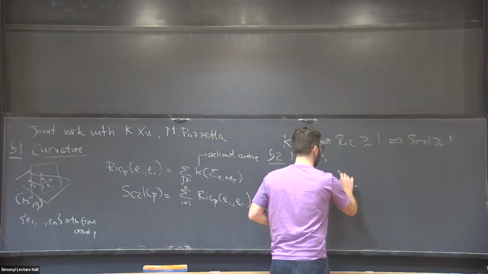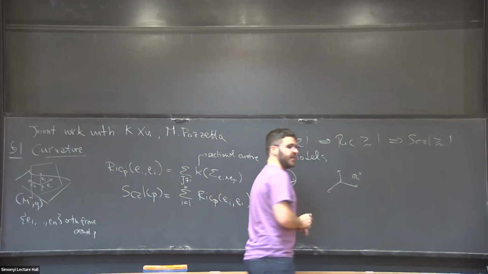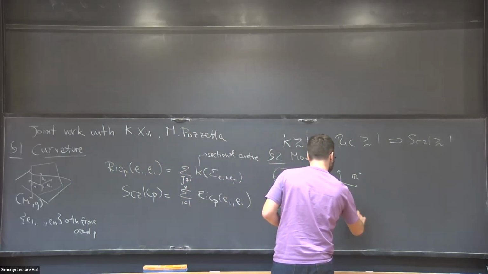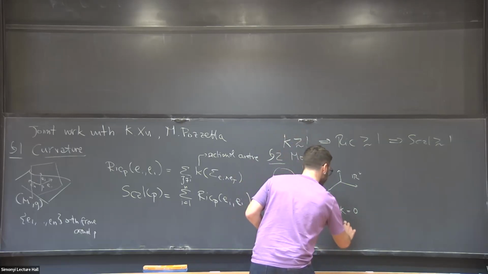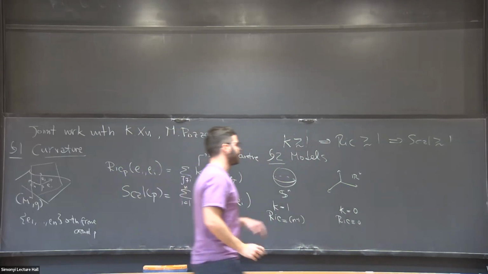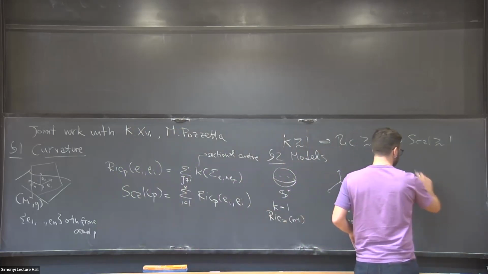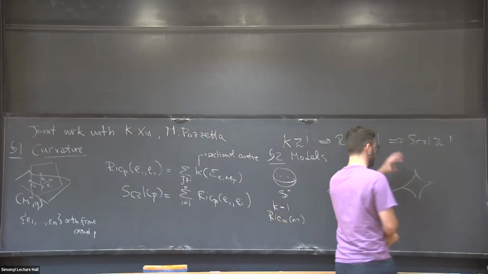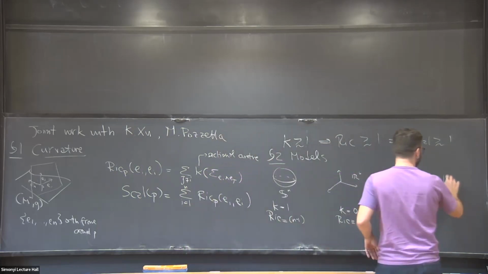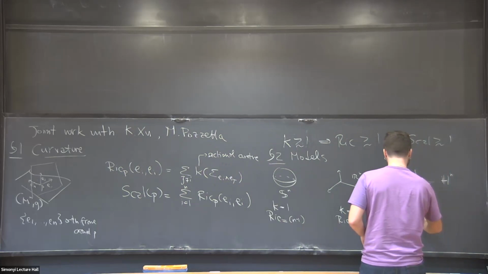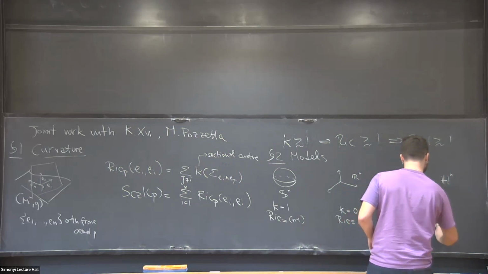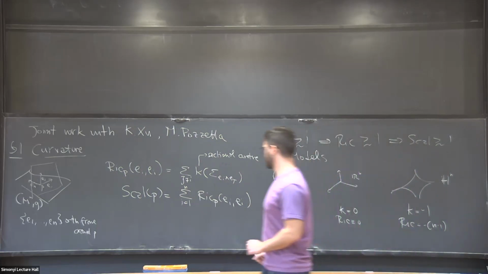Then you have the flat space R^n, in which sectional curvature is 0 and Ricci is constantly equal to 0. And then we have the hyperbolic space, which I don't know how to draw exactly. Imagine a hyperbolic surface. Here the sectional curvature is -1 and Ricci is -(n-1).